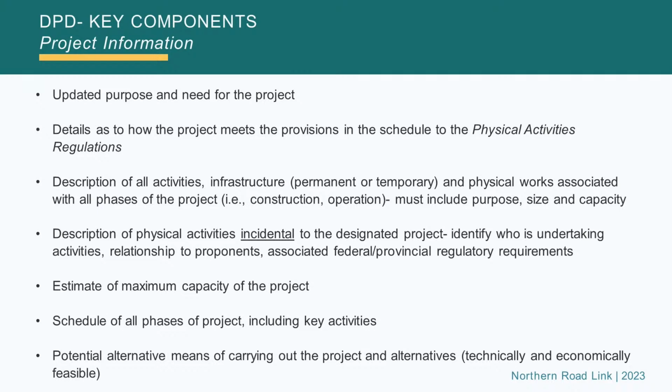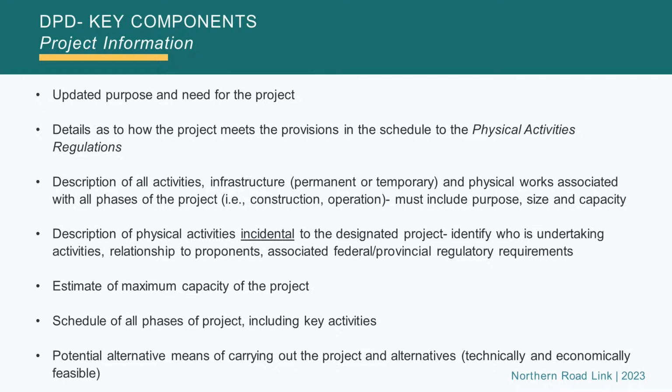And then, of course, it has to also include a description of any physical activities incidental to the project, for example, identify who is undertaking activities, the relationship to the proponents, associated federal or provincial regulatory requirements, an estimate of the maximum capacity of the project, or some sort of metric or measures associated with the project, to give IAC an understanding of what they're dealing with when they look at this project.